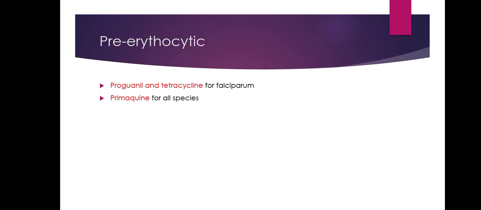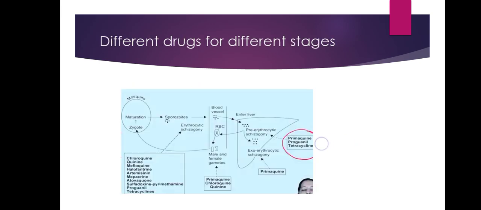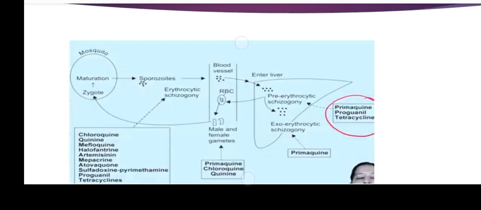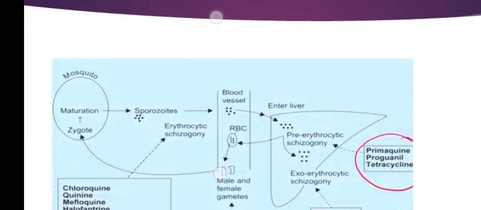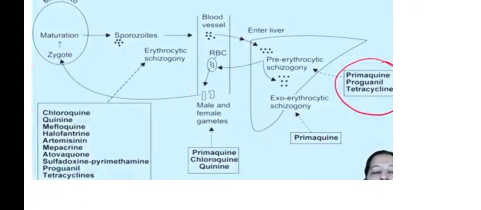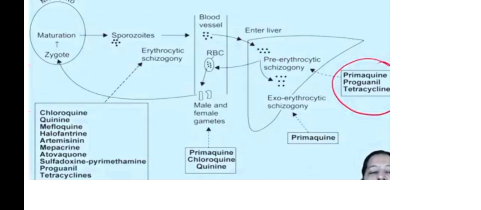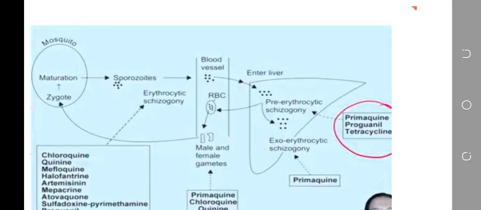So we have a brief diagram. This diagram will show us the different drugs and the different stages in which they attack. So we have the mosquito which will bite.